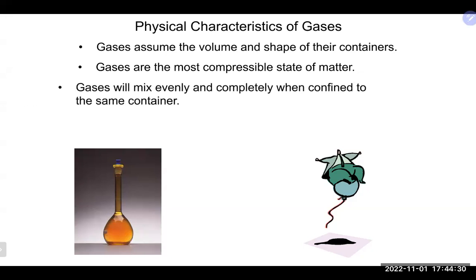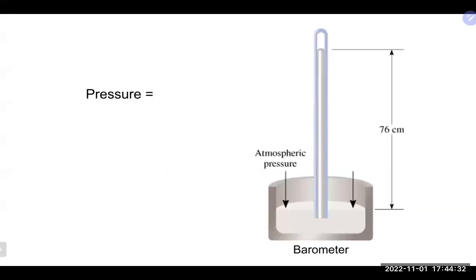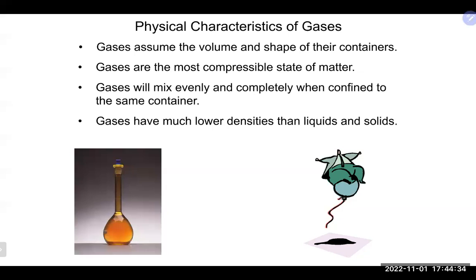So some characteristics of gases: in the gas phase, gases assume the volume and shape of their container. The idea when we get to the gas phase is everybody has pretty much broken apart from one another. So as they are flying around, they are uniformly filling the container.